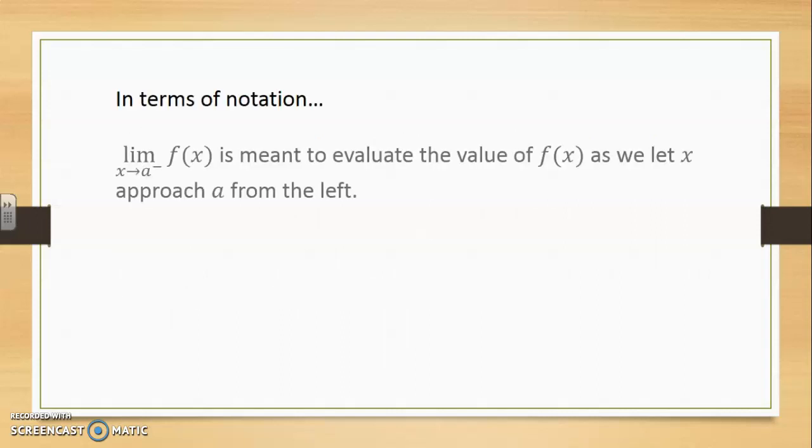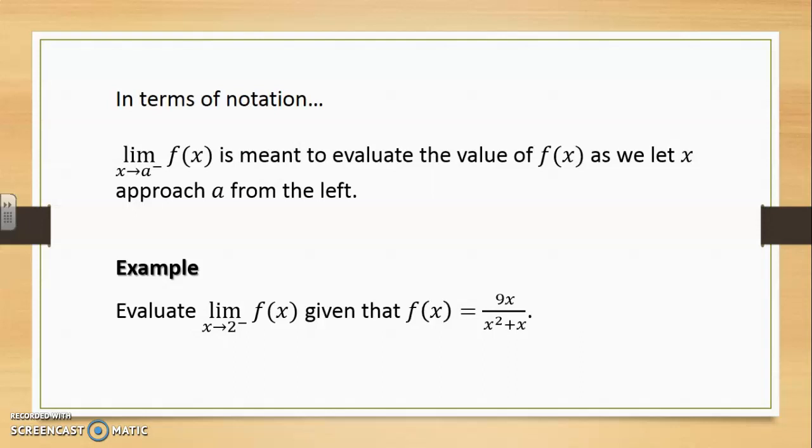In terms of notation, the limit as x approaches a minus of f of x is meant to evaluate the value of the function f of x as we let x approach a from the left.